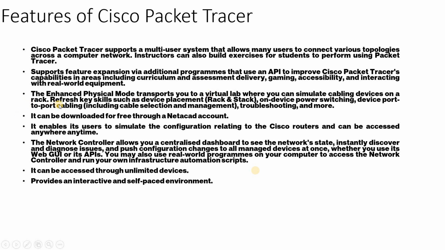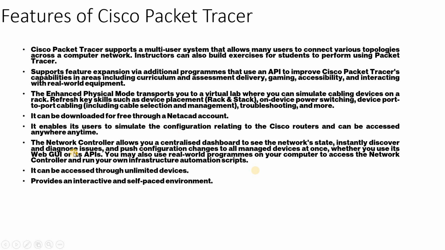We can download this through a NetAcad account and use it to simulate configuration. We can configure the IP in the virtual environment, and we can use routers and connect PCs through the routers and cables to build a network.